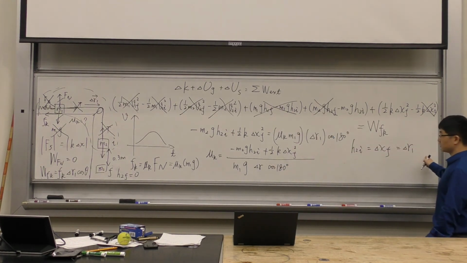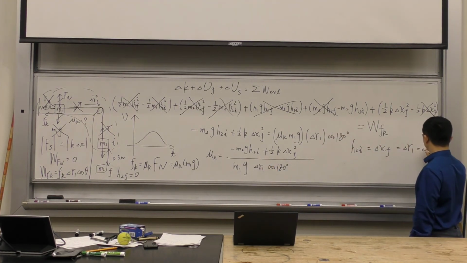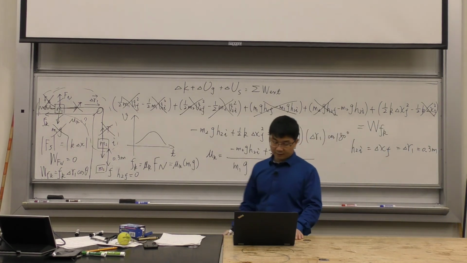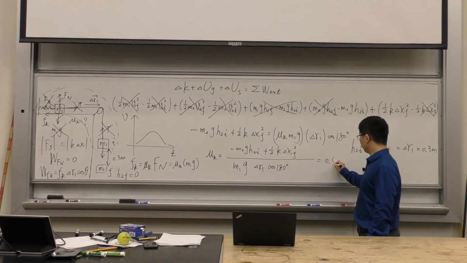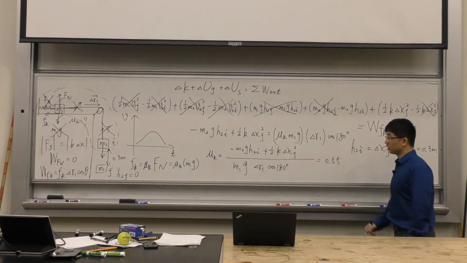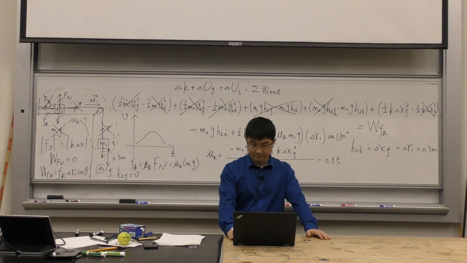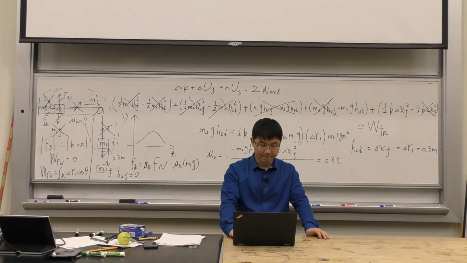Remember, these 3 numbers are the same. They're all 0.3 meters. You plug all the numbers in. What is your answer? My answer is 0.55, and no unit, because this is the coefficient of kinetic friction. There's no unit. So this is this question.